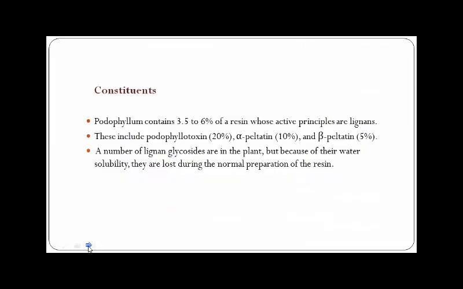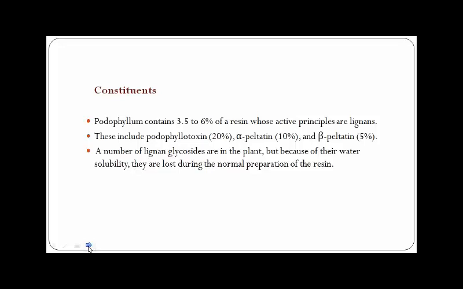The chemical constituents include resin, which is 3.5 to 6%, and has active principles that are lignans, which include podophyllotoxin, that is about 20%, and also alpha peltatin and beta peltatin.